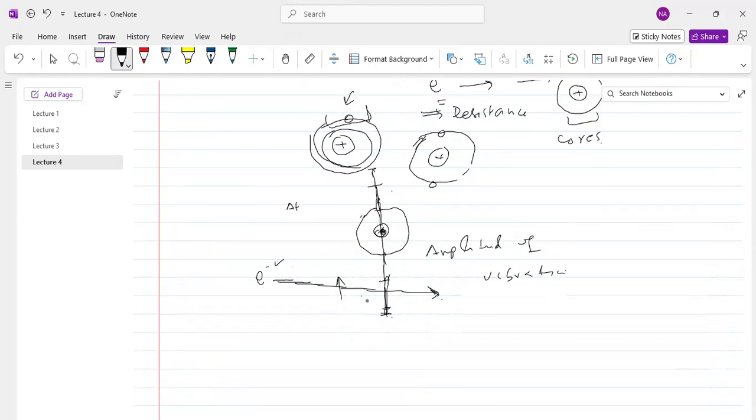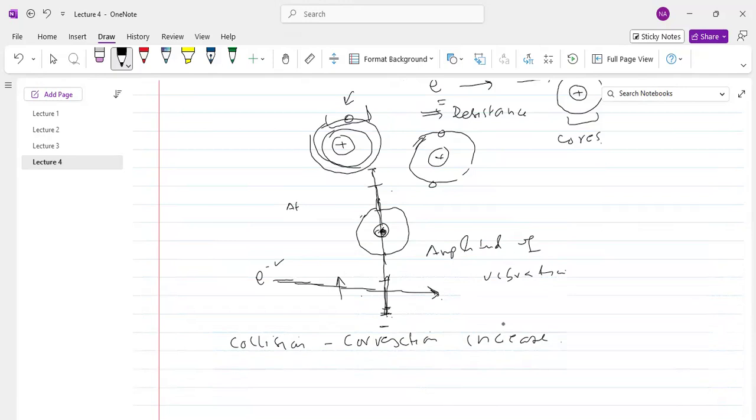It will suffer a collision with this atom. This effect technically is called the increase of collision cross-section.